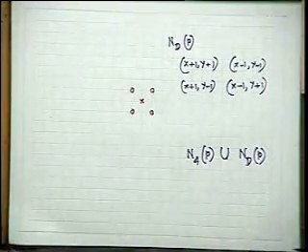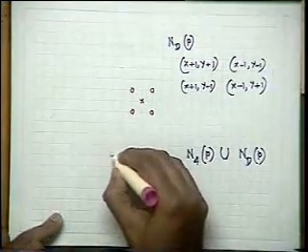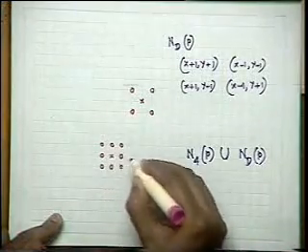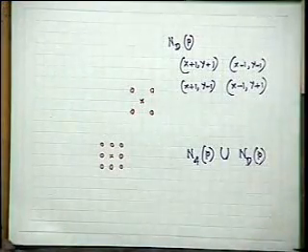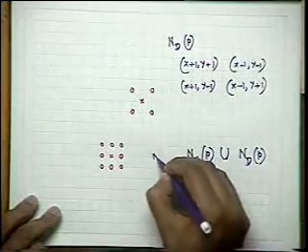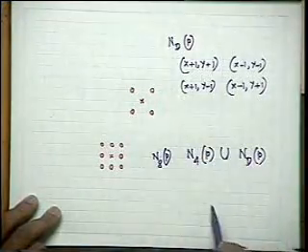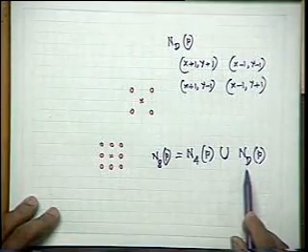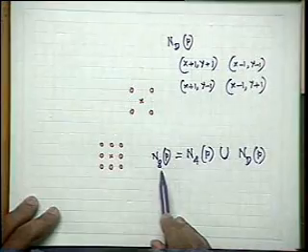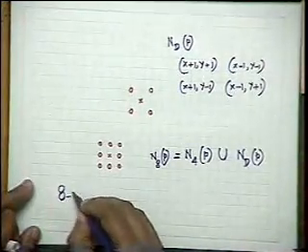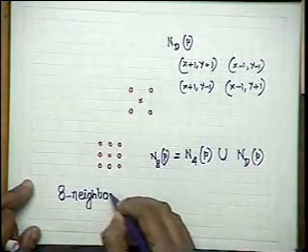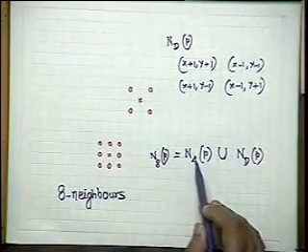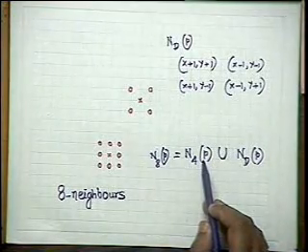All these 8 pixels form a set which I call N8 of P. This N8 of P is composed of the union of the two sets N4 of P and ND of P. All the pixels in the set N8 of P are defined as 8 neighbors, whereas all the pixels in the set N4 of P are defined as the 4 neighbors.